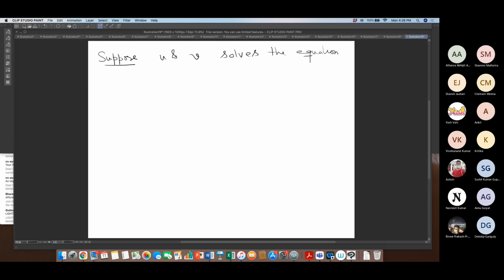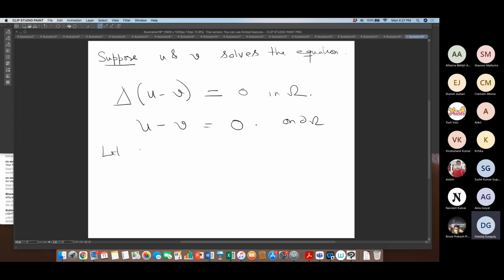Okay. Then what will Laplacian of U minus V satisfy? Zero. And what will be U minus V on the boundary? Zero. Good. That is, if you let W equal to U minus V, Laplacian W equal to 0 in omega, and W equal to 0 on del omega.